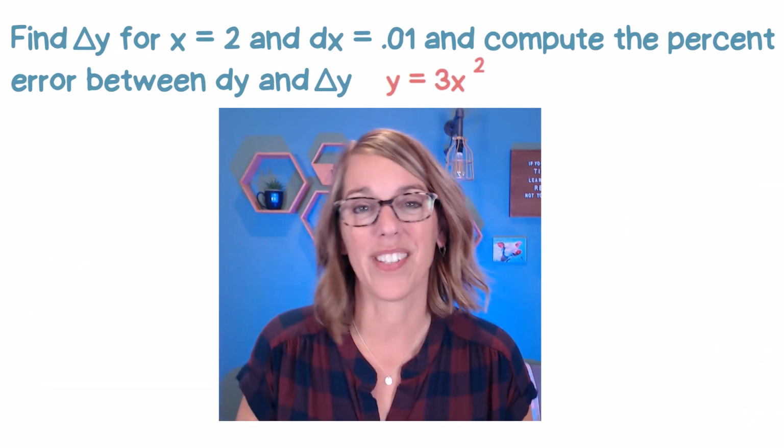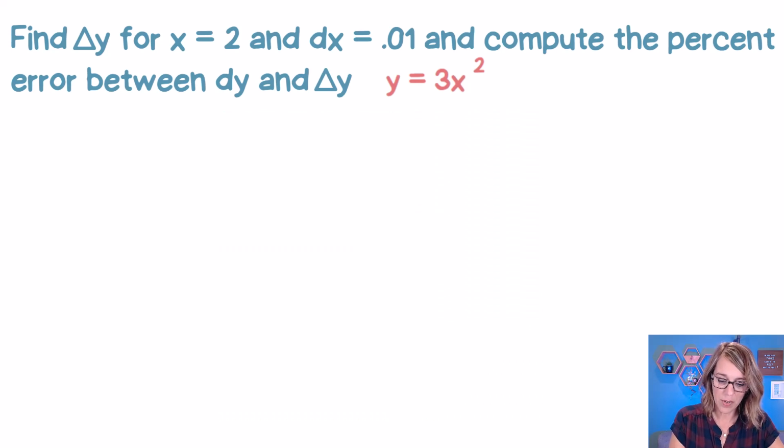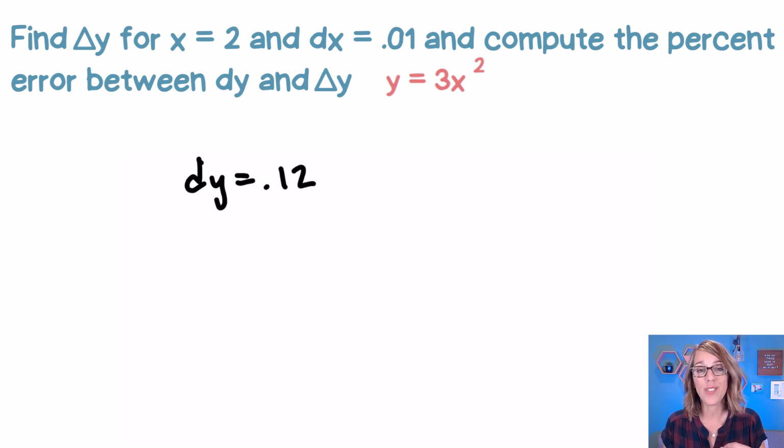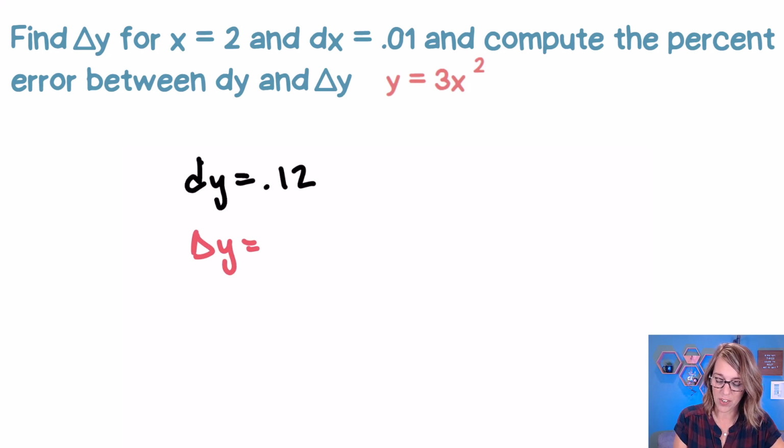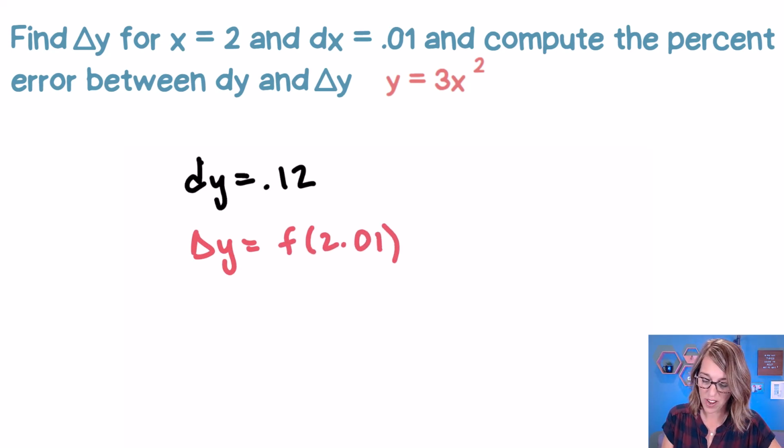Let's go ahead and work this one out. Now, first of all, you'll remember that when we figured out dy, that differential, that differential turned out to be 0.12 using that derivative times dx formula. We also want to figure out delta y. Delta y is my function difference between my function value at 2.01 and the function value at 2.